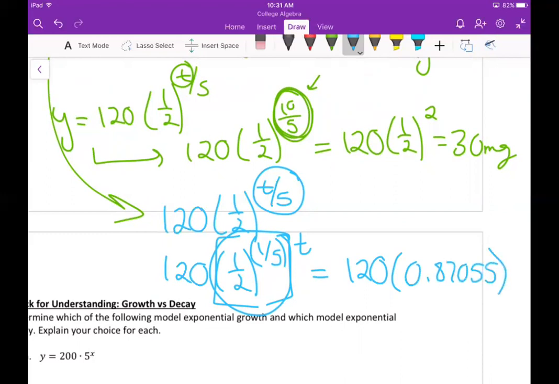That is 1/2 to the 1/5 power, and that will then be to the just t power. So right there we're saying, oh, the decay factor for 1 hour is 0.87. You can always think about decay factors as a percentage too. So that's about 87%. So we're saying that, oh, we're leaving 87% of the caffeine in our body every hour.